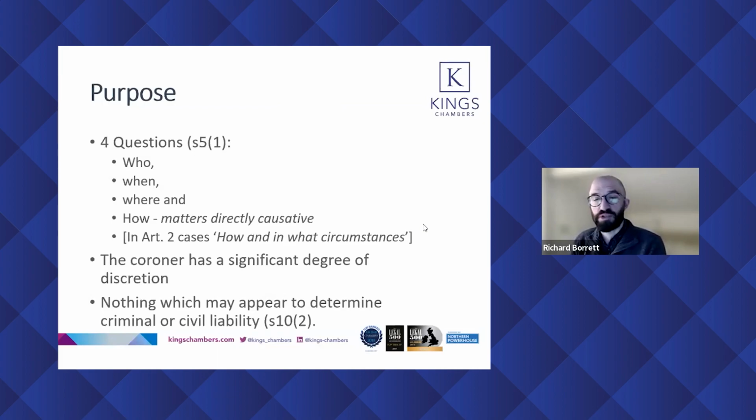It might be by reference, for example, to the treatment of the deceased's diabetes, or treatment of a deceased's asthma from a particular date. It's often extremely helpful to have that written down so that everybody knows from the beginning what is and is not in scope. And also that's an opportunity to push that scope as wide as you can, if that's what you want to do, in order to investigate as much as you want to of the death and the circumstances surrounding it. So that's something that I would suggest doing very early on.